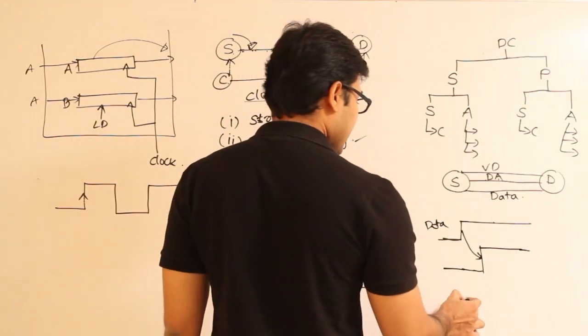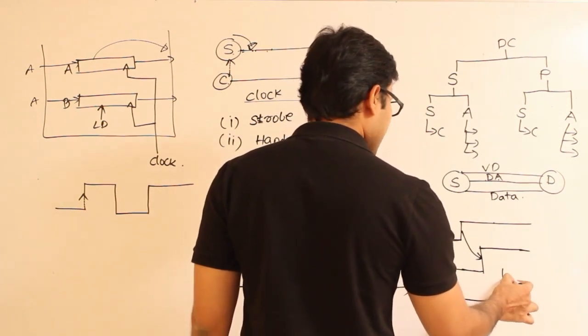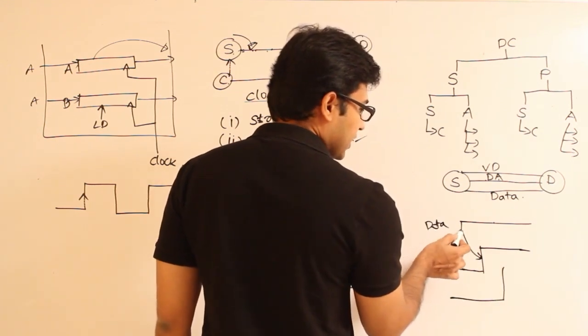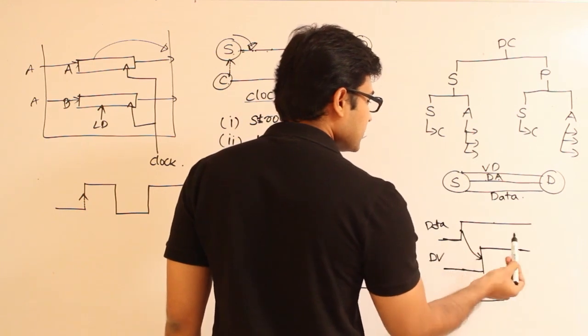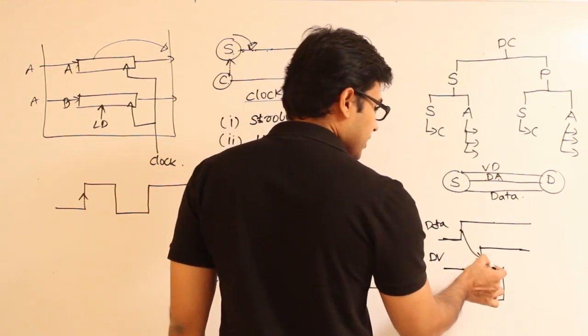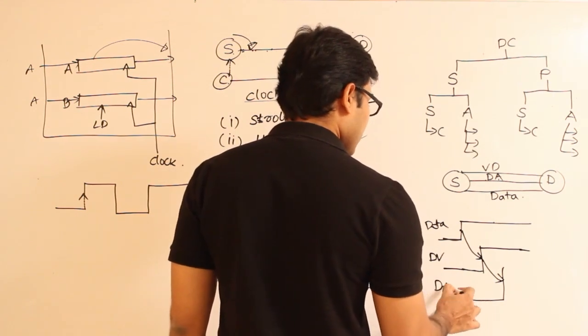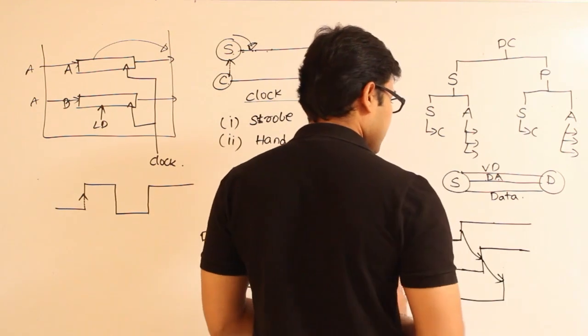So on the data acknowledgement line, our destination is going to say, yes, I have accepted the data. See this, first data is placed, and then the data valid line is enabled, and after that the data is being acknowledged by the data acknowledgement line, right?